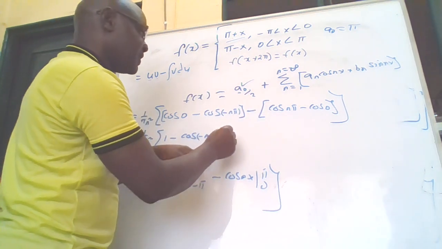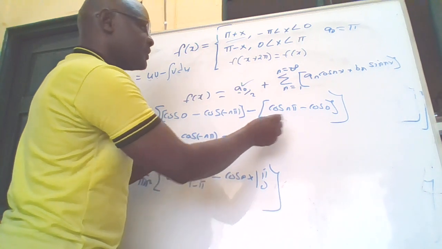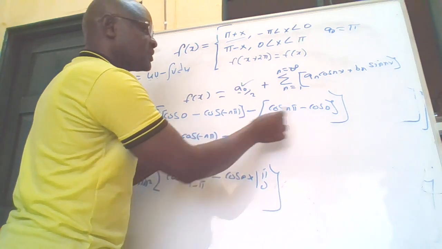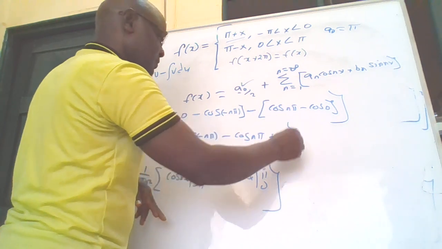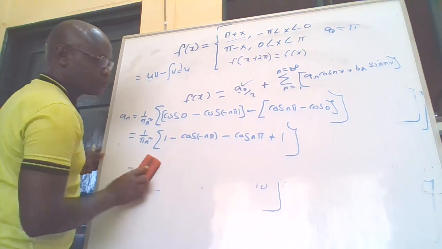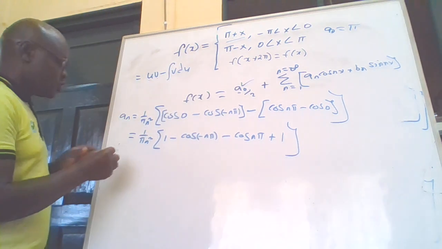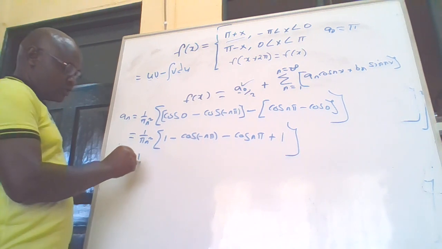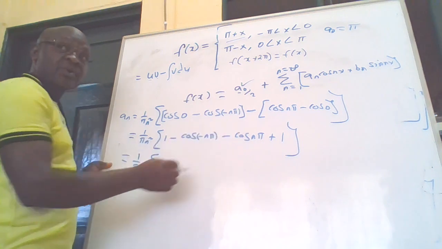Then I have minus cos n pi, then plus, negative and negative, it is plus cos 0 which is 1. So this equals to 1 over pi n squared into 1 plus 1.